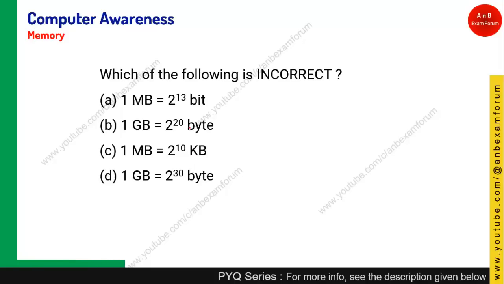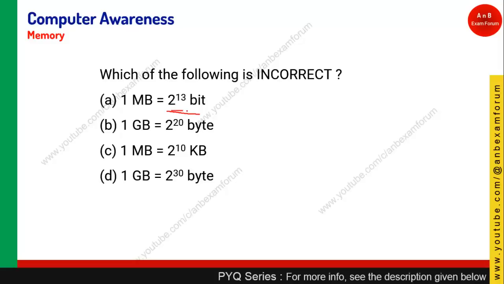Coming to the next question, which of the following is incorrect? Okay, let's see one by one. So 1 MB is 2 power 13 bits. Remember, it's not bytes, it's bits, so it is correct. How is it correct?